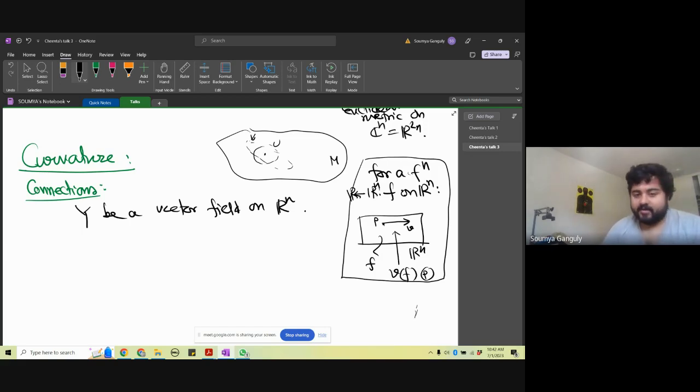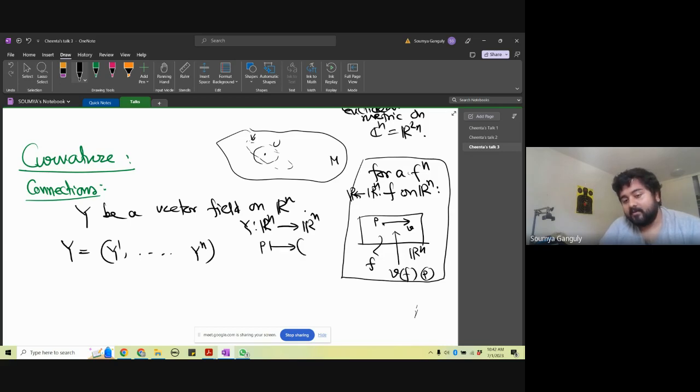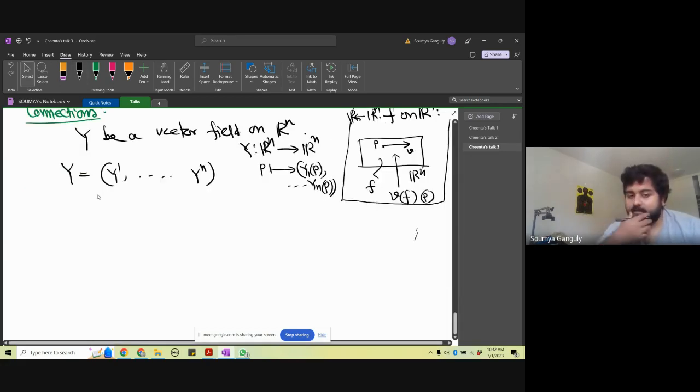It is not that difficult. Y will have several components, Y1 up to Yn. Y goes from Rn to Rn, so you feed it a point P and it gives you Y1(P) up to Yn(P). This is just multivariable calculus. You basically have a function which has multiple components.